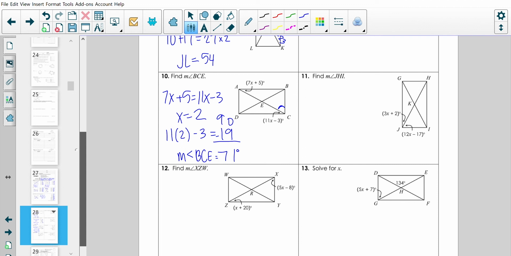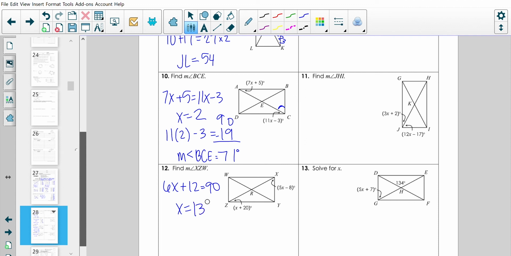Number 12. What am I going to do here? These make 90, so add them together. 5x plus x is 6x, and 20 minus 8 is 12. 6x plus 12 equals 90. What do you get for x? 13.